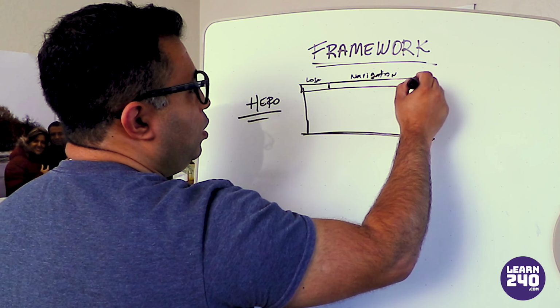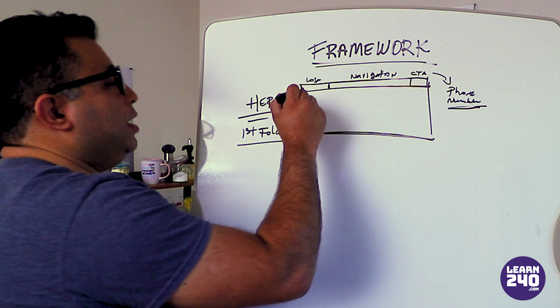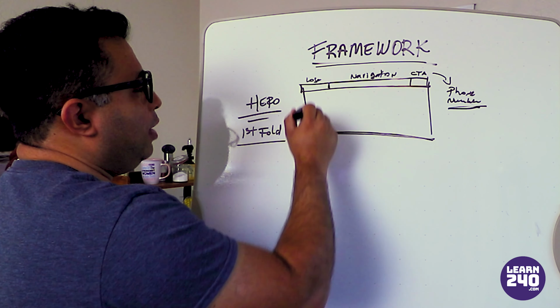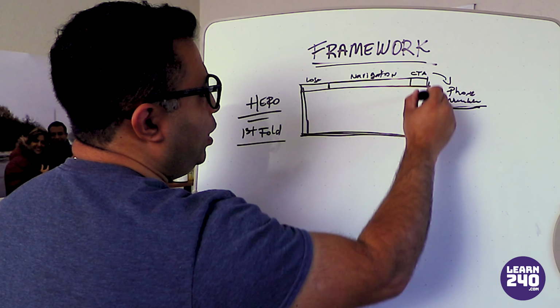So I have my structure here. This is what we usually call the first fold. The first fold is the first thing your client, your visitor, will see on your website. So we have the navigation bar right here, then you have the hero banner right here.